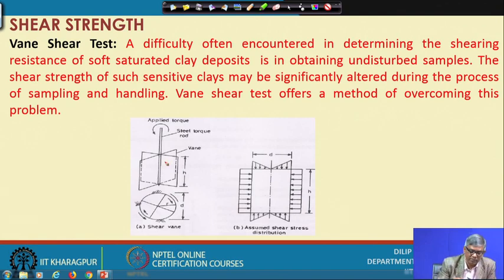So, this is the vane shear test. It will have 4 vanes welded to a rod, and between 2 vanes there will be a 90 degree angle.